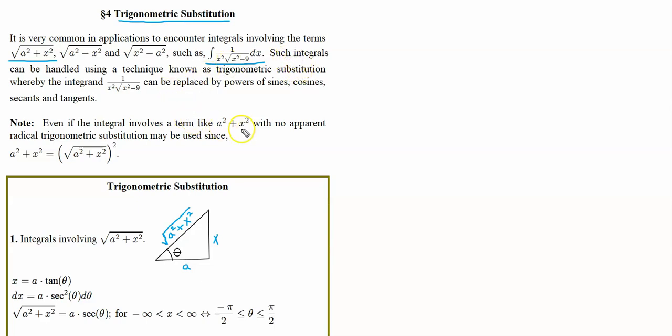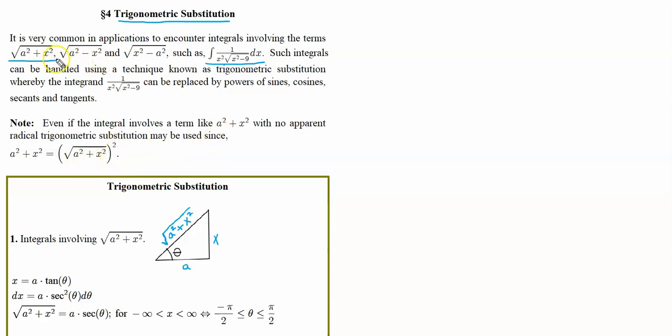Now, it's also interesting to note that even if your integrals don't involve square roots of values like this, for example, if your integral just involves something like x squared plus a squared, you can still use trigonometric substitution if there are no easier techniques available, because after all, you can write a squared plus x squared as the square root of a squared plus x squared, squared, right?